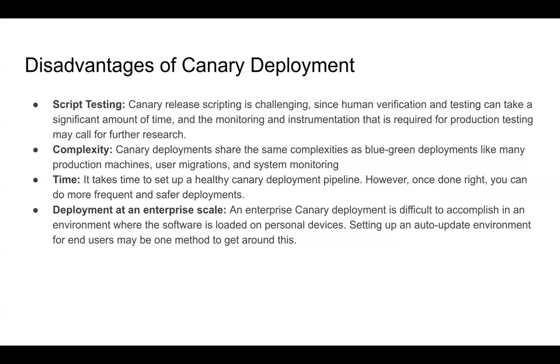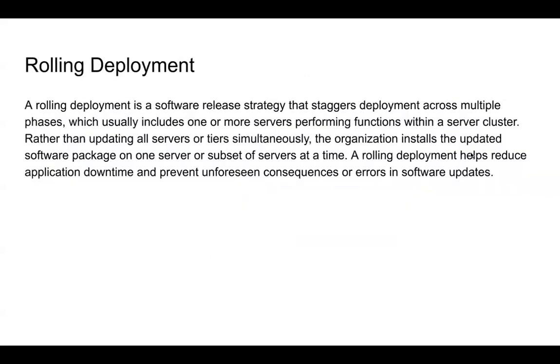So let's move forward and go for rolling deployment. So what is rolling deployment? It's a type of deployment where, so it's essentially a software release strategy that staggers deployment across multiple phases, which usually includes one or more servers performing functions within a server cluster.